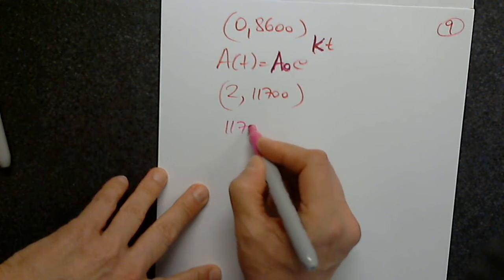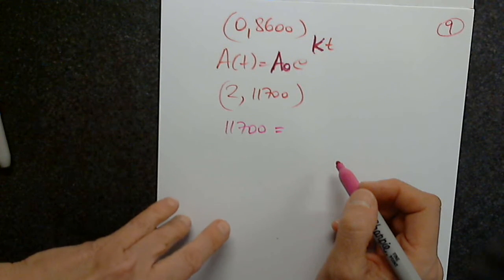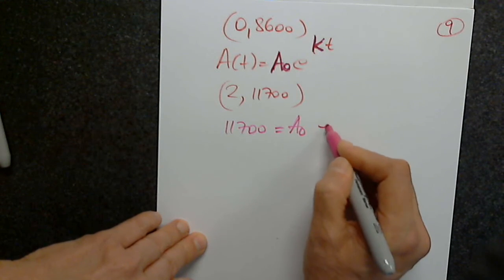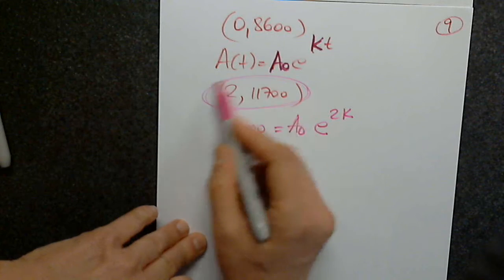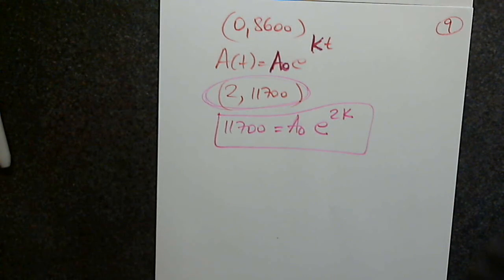So 11,700 equals A0 times e to the 2k. That's our first equation from here.